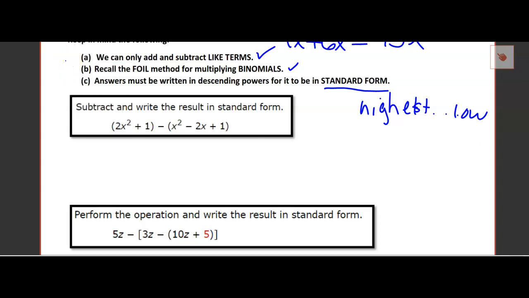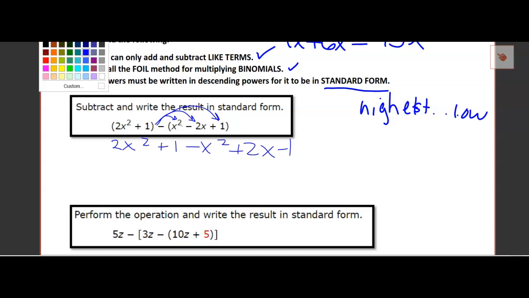What we've got to remember is that the subtraction has to distribute to every term contained within those parentheses. That has to be done first. I can't just drop those parentheses. I have to distribute that negative first. When I do that, I end up with a negative x squared, a positive 2x, and a negative 1. Basically, all we did was change the signs on everybody behind it.